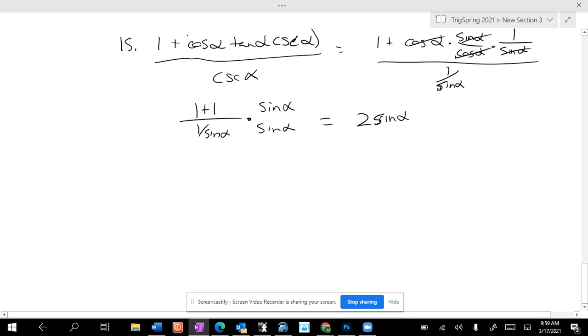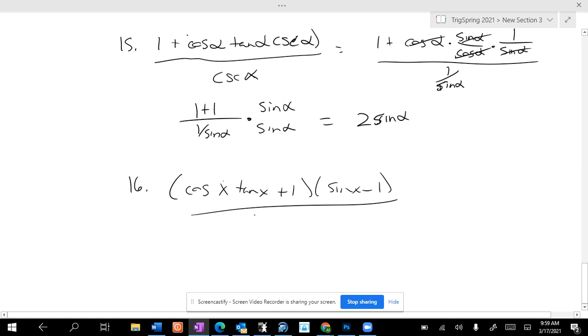16. We have cosine of x times tangent of x plus 1 times sine of x minus 1 over cosine squared of x. All right, so what do I change tangent into, Aspen?